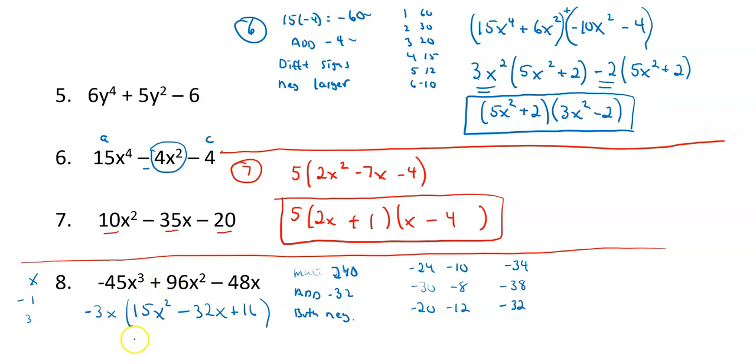Which means then I can write this as 15x squared minus 20x minus 12x plus 16. I still have that negative 3x on the outside. I'm going to group these two together. I'm going to group those two together. All right. Carry down that negative 3x. In the first set of terms, 15x squared and minus 20x, I can pull out a 5 and an x.